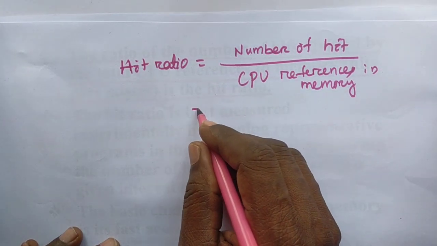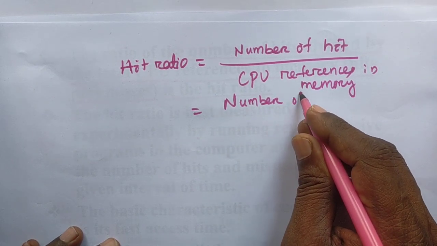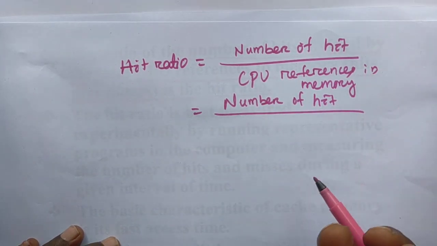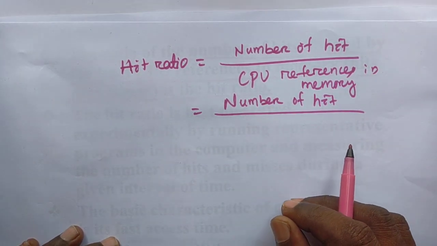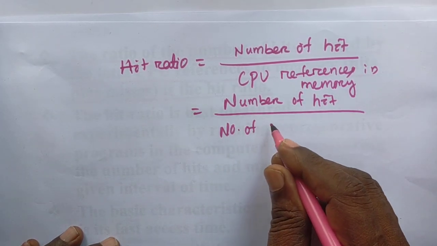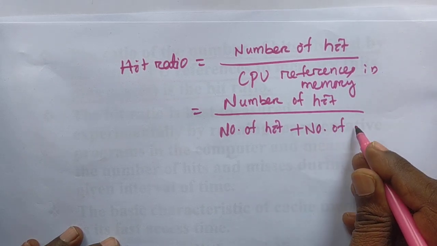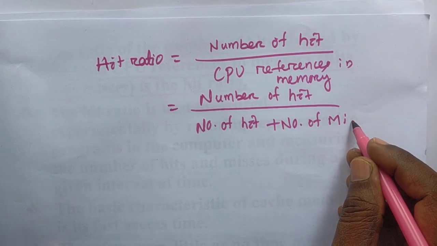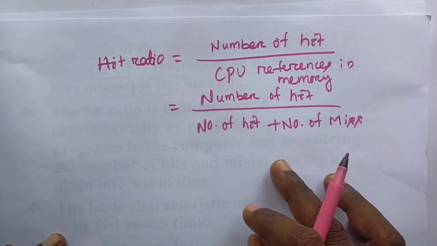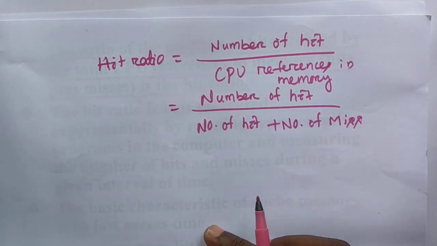Whenever the CPU references, two kinds of things happen: the number of hits plus the number of misses. The CPU reference is both the number of hits plus the number of misses, and the combination of those we call the CPU reference.